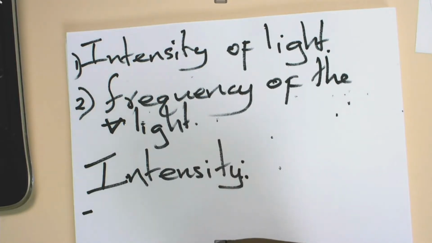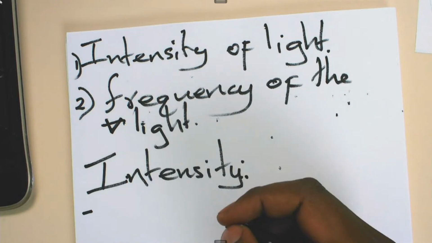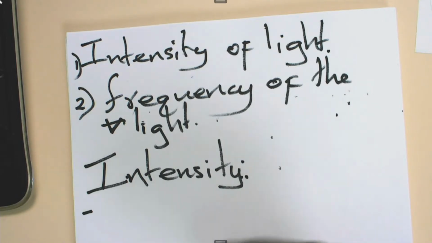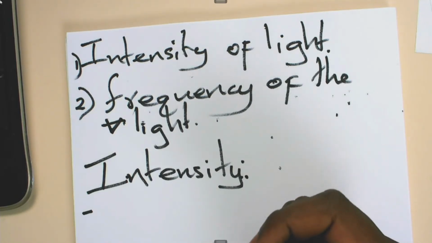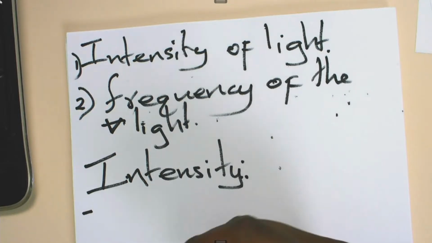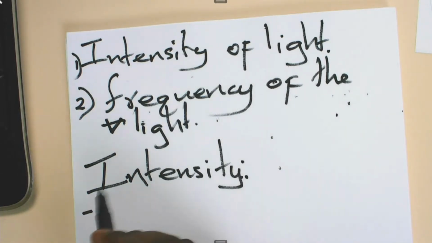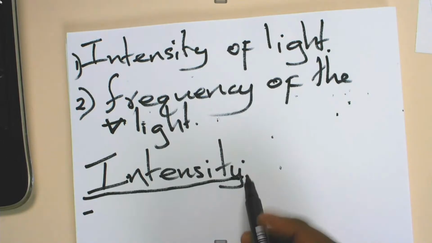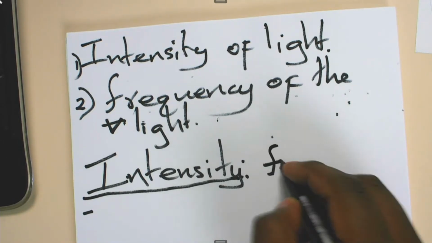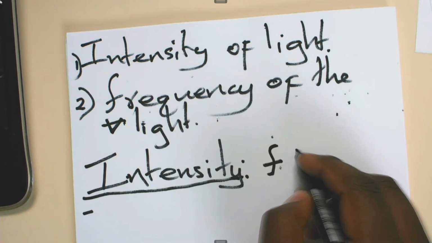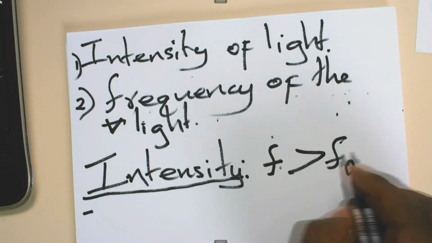Even if you increase the intensity of light that does not have a frequency greater than the threshold frequency, increasing the intensity will not have any effect. So the intensity that we change is the intensity of the light that has a frequency greater than the threshold frequency.